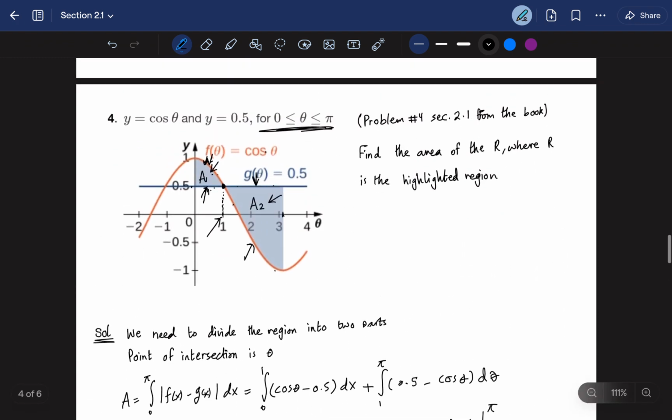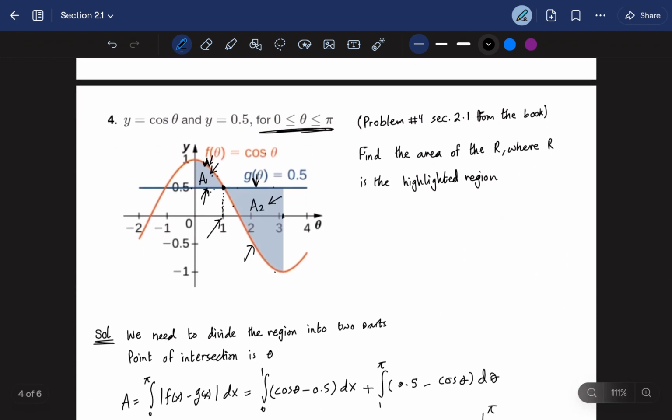For example, in this question, f and g switched at a point of intersection, so you have to split your integral into 2 parts or 3 parts, depending on how many regions you have. So you only have to find the points of intersection where the region flips the above and below functions, and then you always do upper minus lower function.